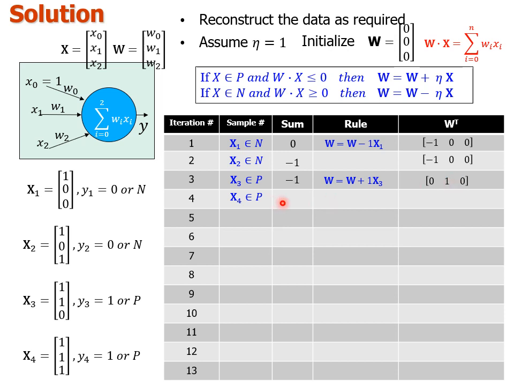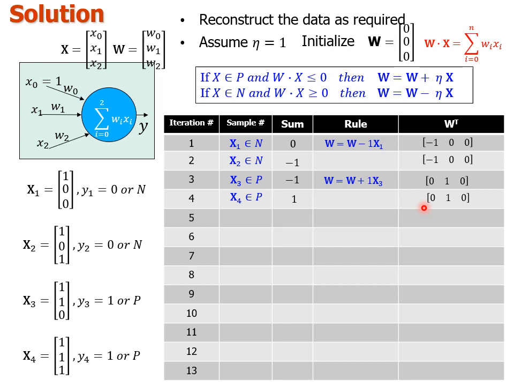So the weighted sum of this w 0 1 0 and x4 1 1 1 comes out to be 1, which is greater than 0. So the perceptron is also saying that the sample is positive. So there is a match, and hence we are not going to update the weight vector, and we have the weight vector which is the same as the earlier iteration, that is 0 1 0.